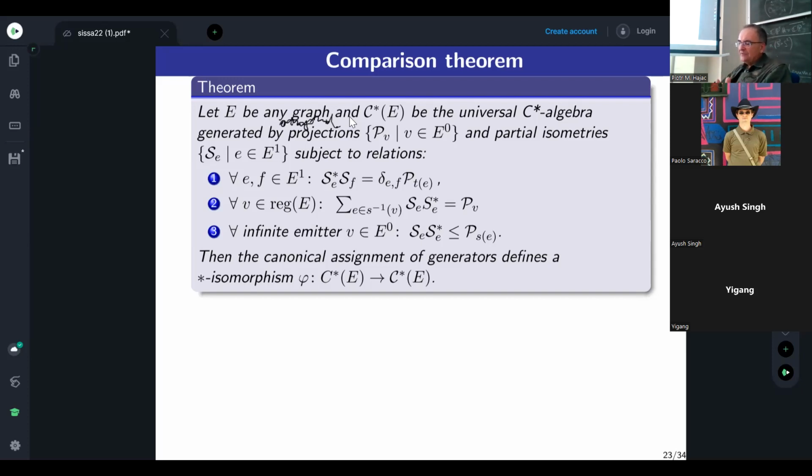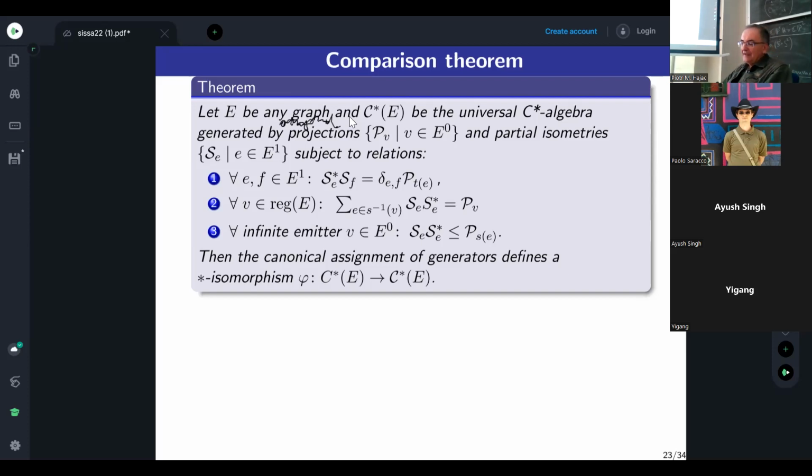Now you see that my relation number 1 is the usual Cuntz-Krieger, and my relation number 2 is the usual Cuntz-Krieger, but this is the way people in functional analysis define the graph C*-algebra. For an infinite emitter, they say that S_e S_e^* must be, as an assumption, a sub-projection of the source projection. That's exactly for infinite emitters.